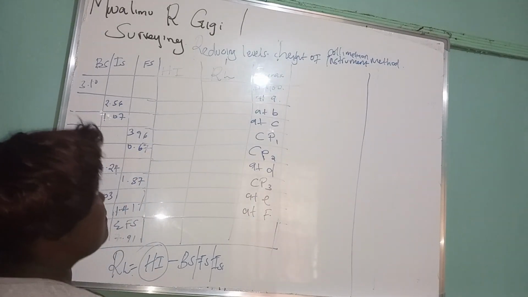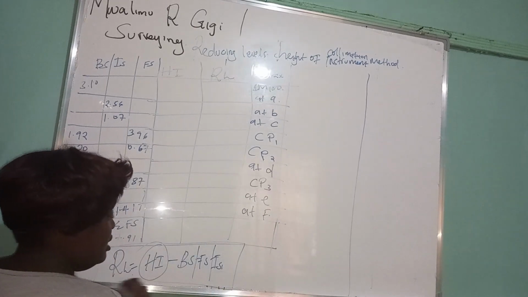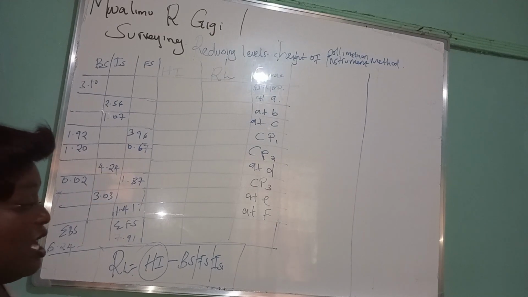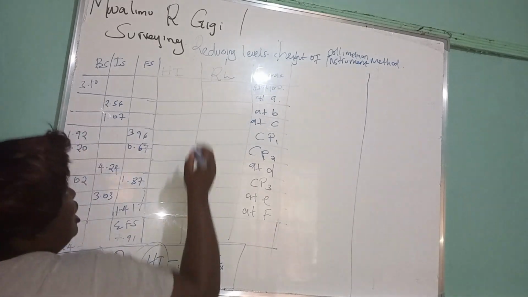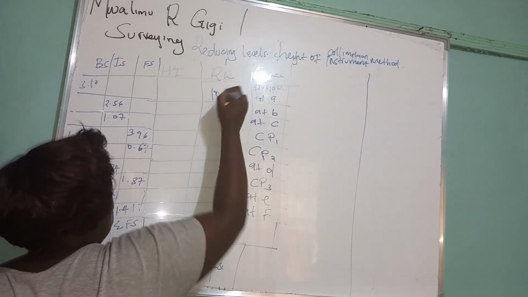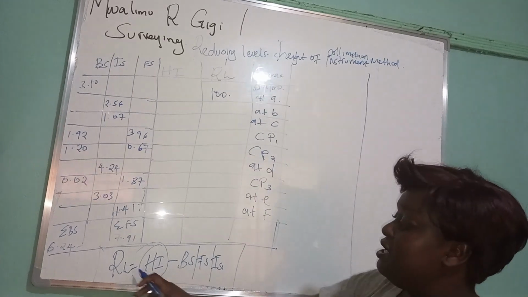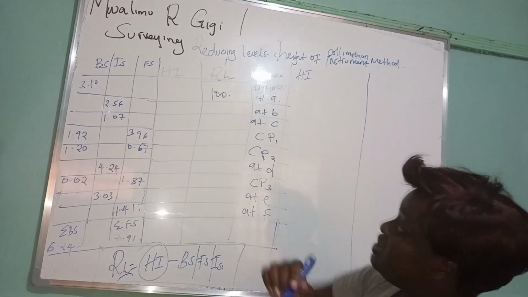So the first step, we know the formula is reduced level equals height of instrument minus backsight, foresight or intermediate sight. At point A, we have a reduced level of 100. So we want to get the height of instrument at that point.